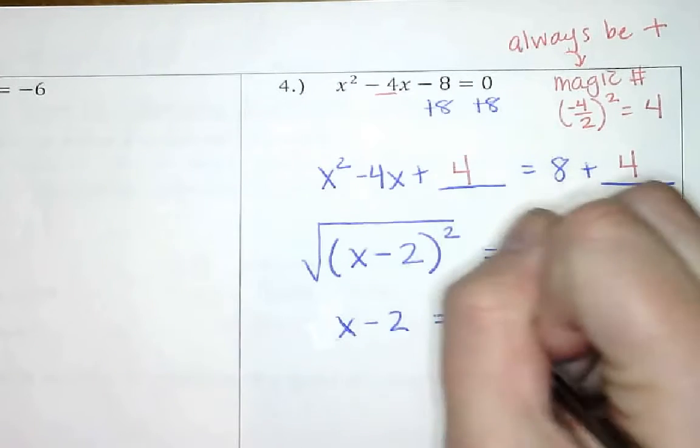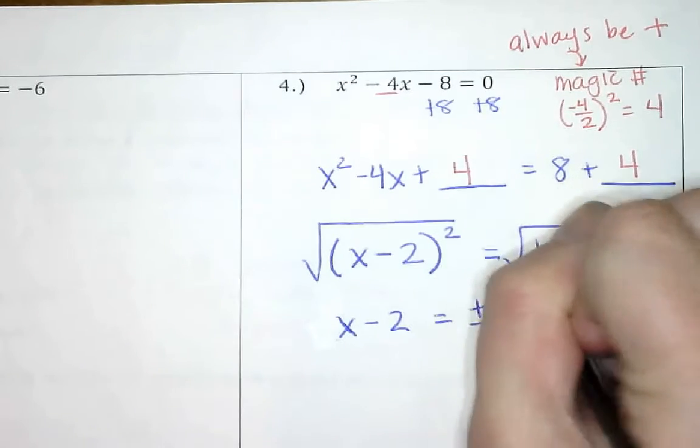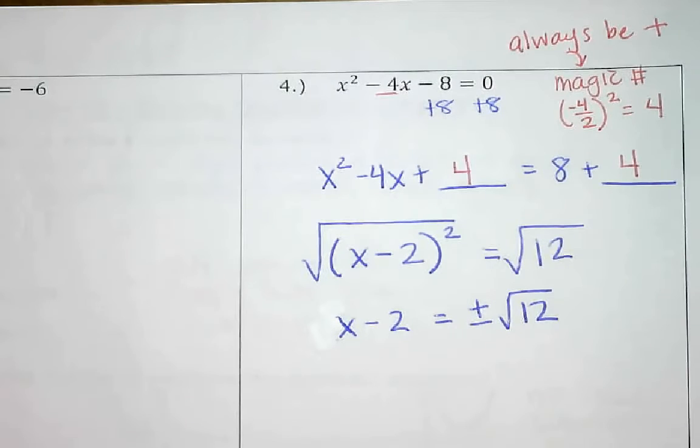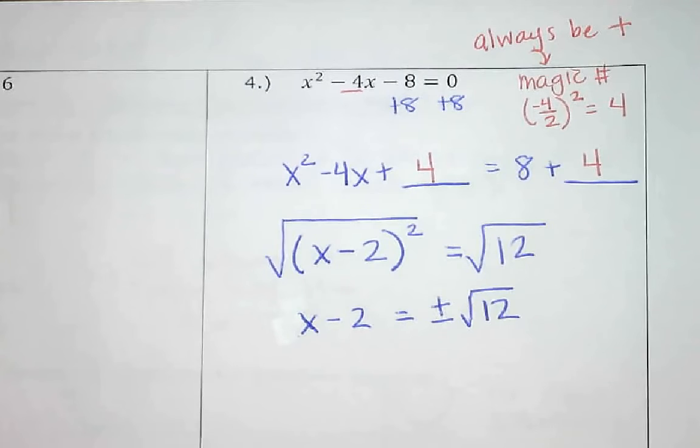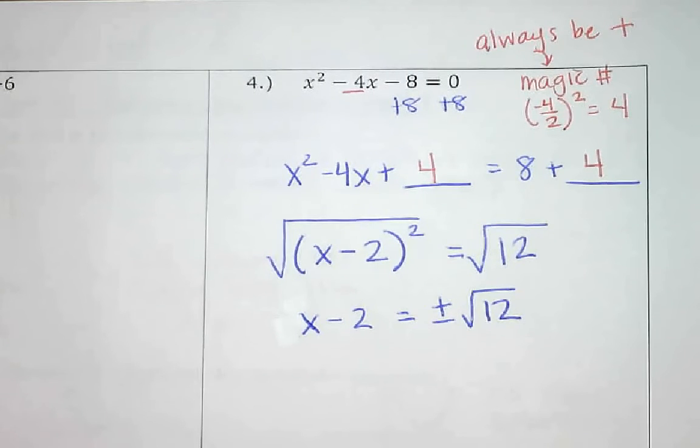Okay, so we're going to take a little side note here. Guys, can the square root of 12 actually be simplified? Yeah, it can. Do you guys remember doing this? It's been a hot minute. But let me get a different color. All right.